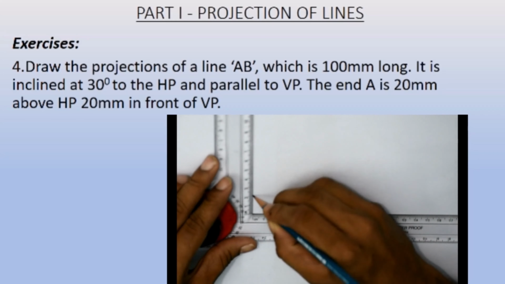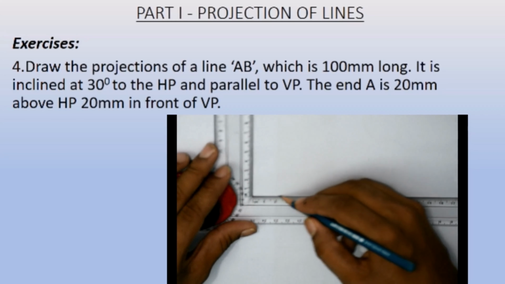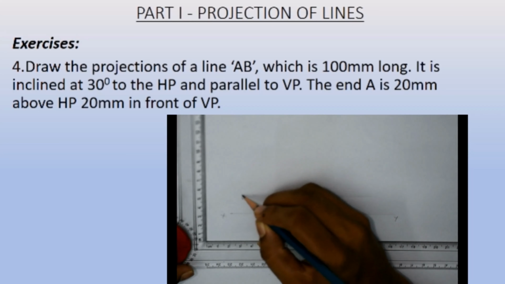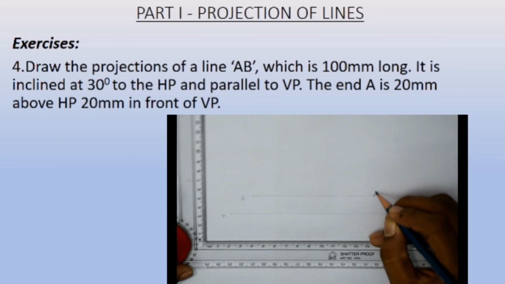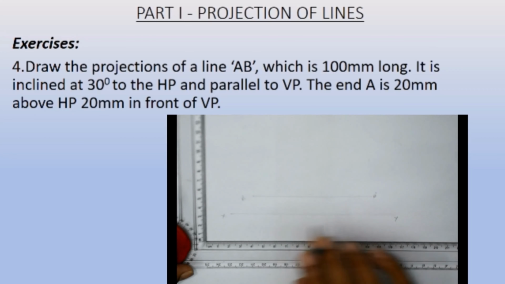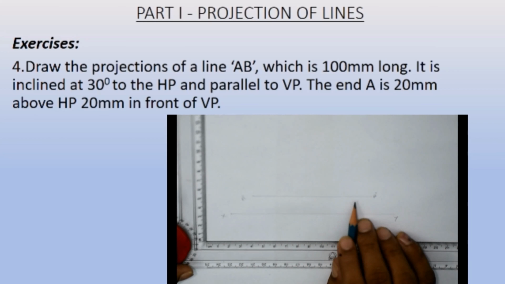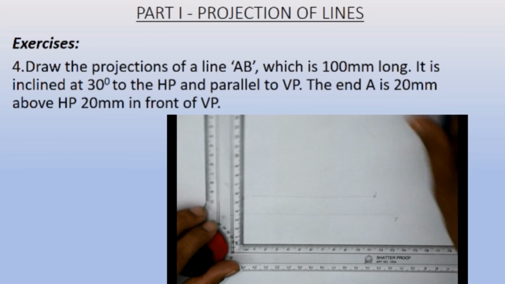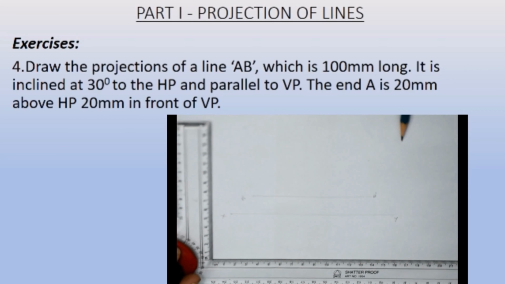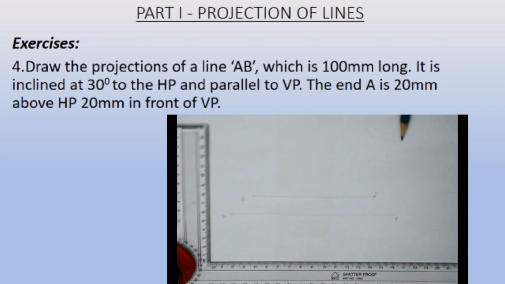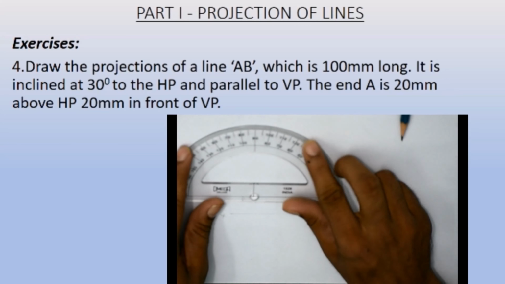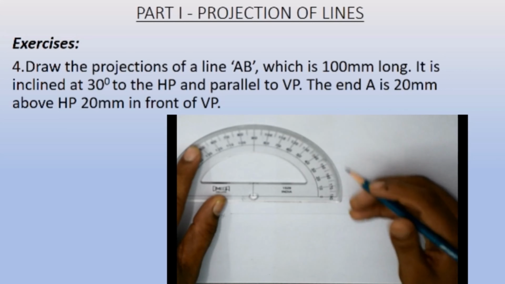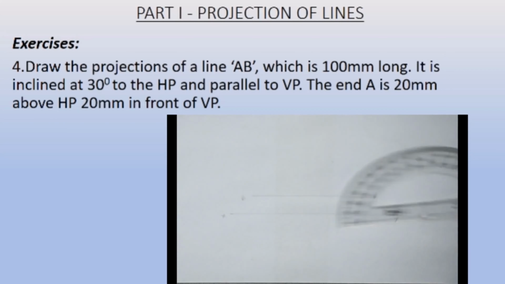So I am taking a distance of 20 mm and I am drawing a line of 100 mm. This I say A dash and B dash, because this is not the actual answer. This is drawn with 2H pencil only. And now what we will do is, I will take an angle of 30 degree. This is the angle 30 degree.